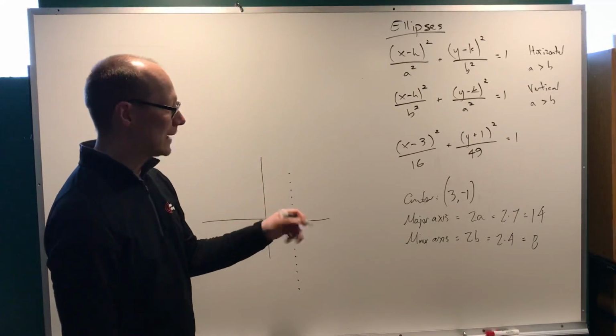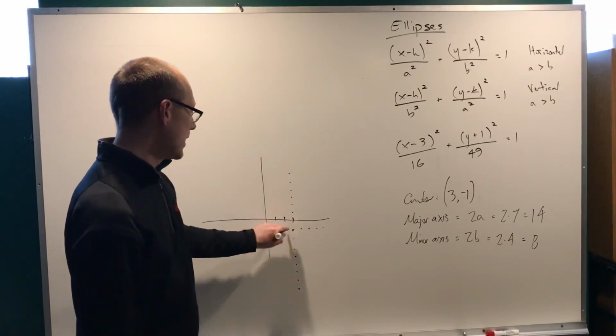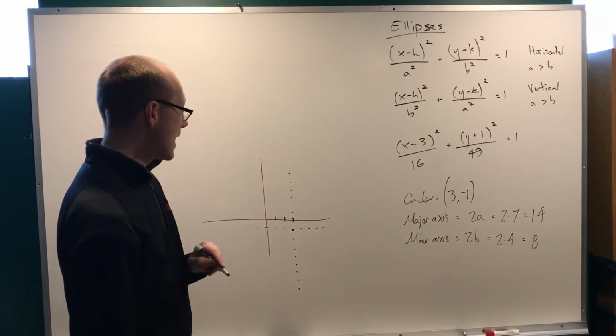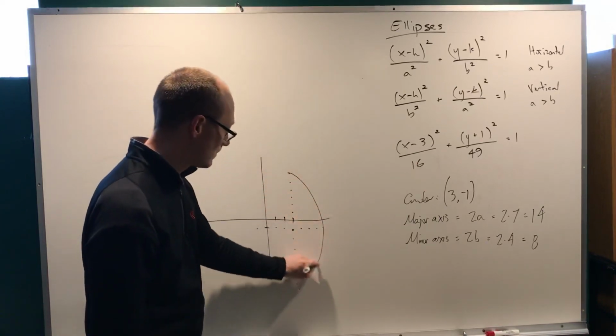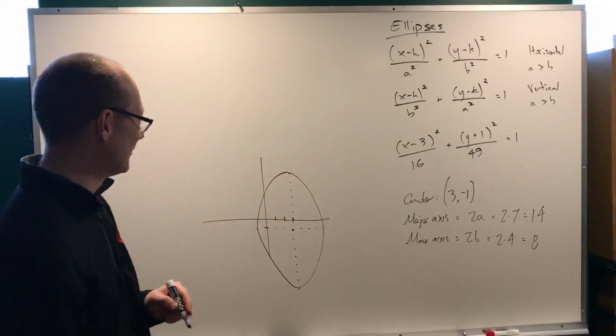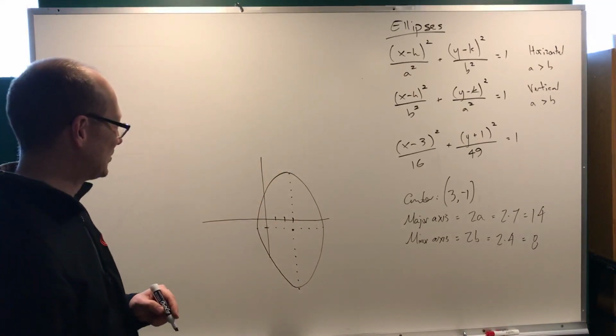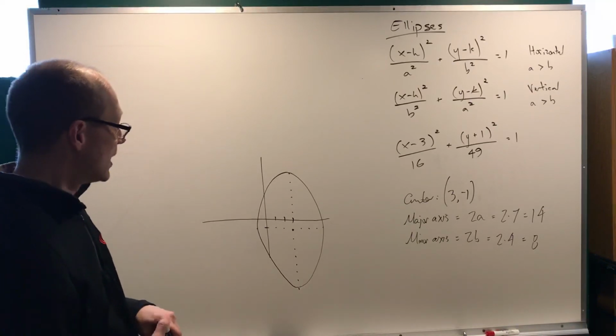And my minor axis is 8. That's 4 over this way. 1, 2, 3, 4. And 1, 2, 3, 4. And now those are the boundaries of my ellipse. And they're a whole lot easier to draw in your head than they are for real. But that's the idea.